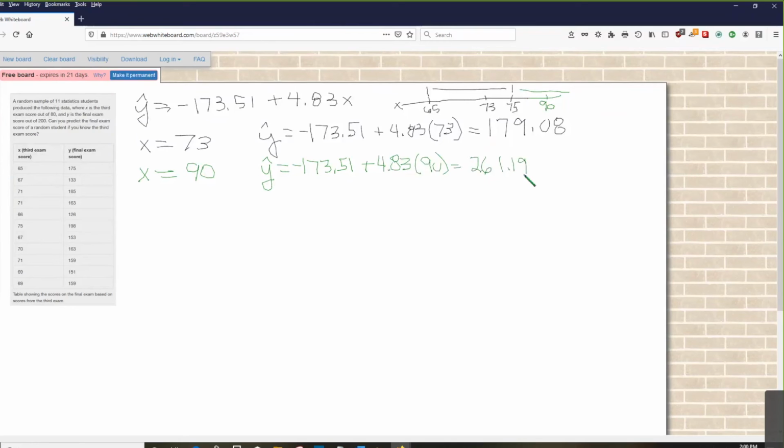So what that tells us is anything that's outside of the sample domain cannot be used to predict reliable outcomes. We can still plug them into the formula, but all this tells us is that they'll probably score high, but we can't predict what score that student is actually going to get because it's outside of the range that we actually measured.